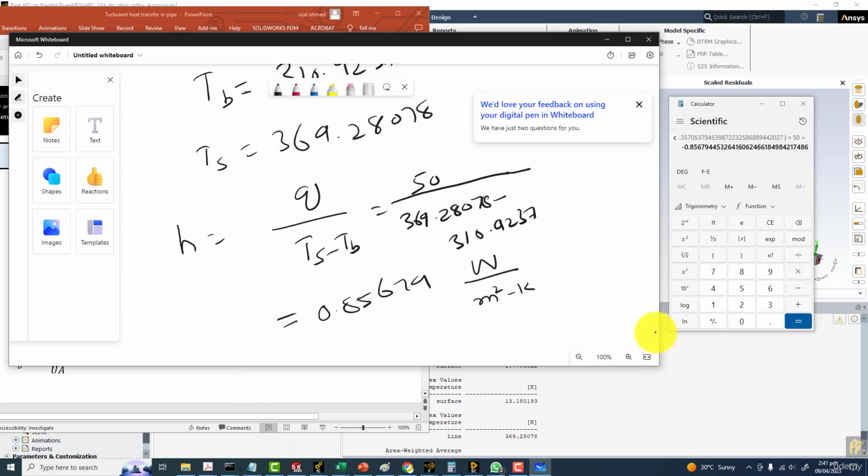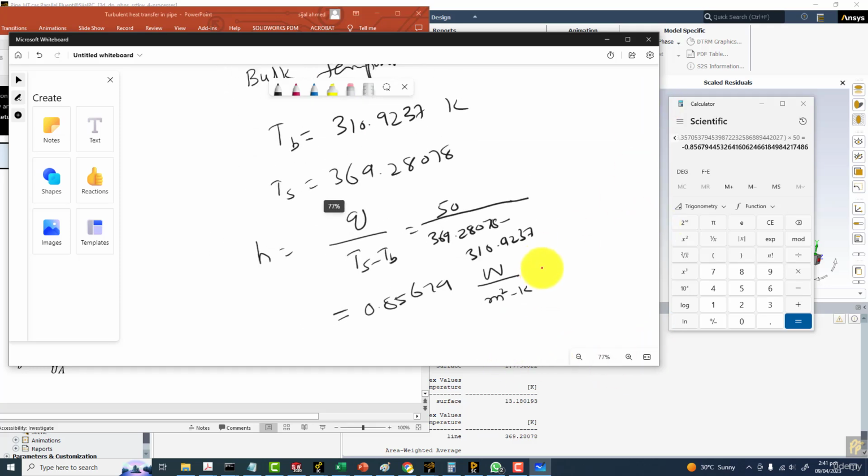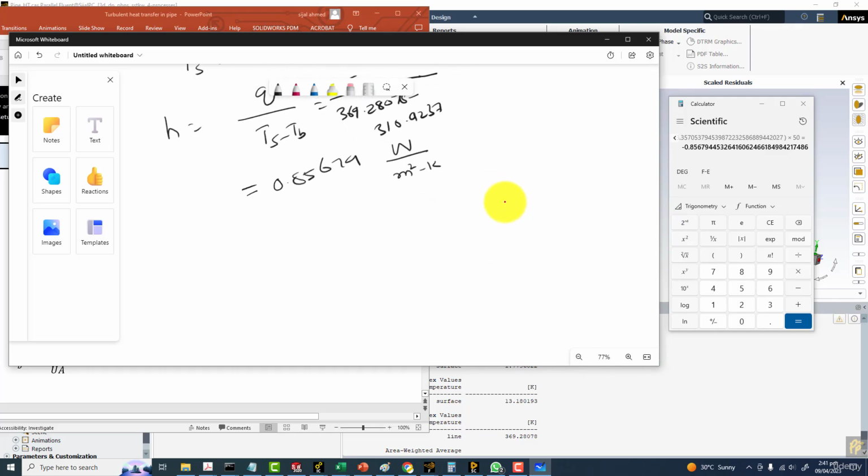Okay, and now the Nusselt number is defined as heat transfer coefficient times diameter. Usually in the formula they write small d, but we use capital D for diameter, but I will use the same definition here, divided by k.